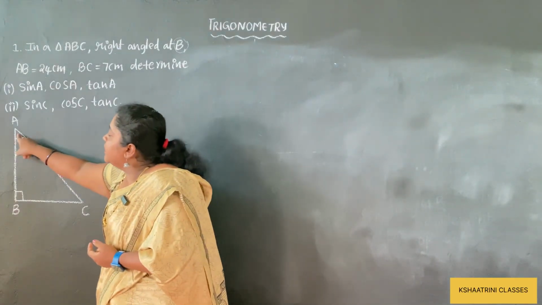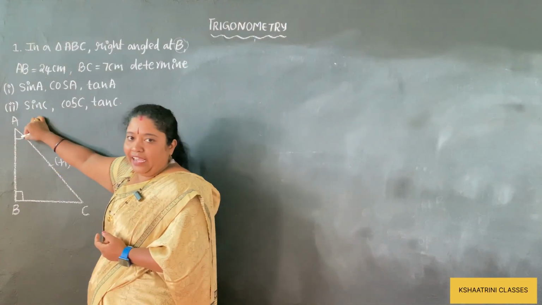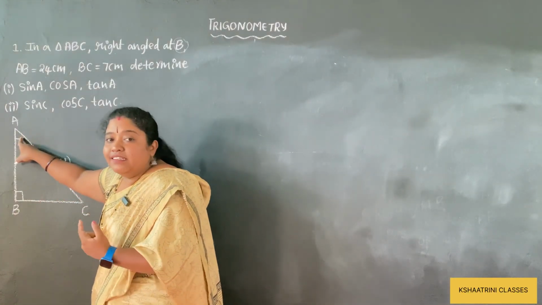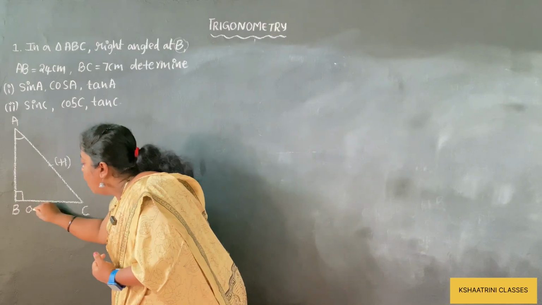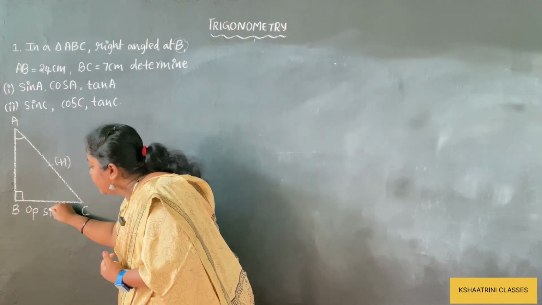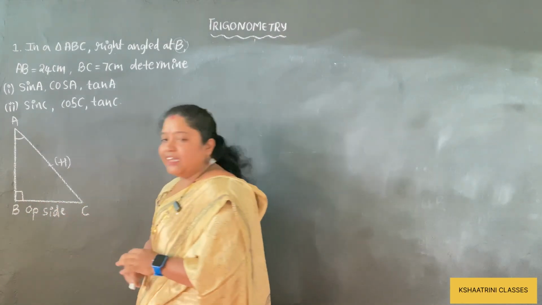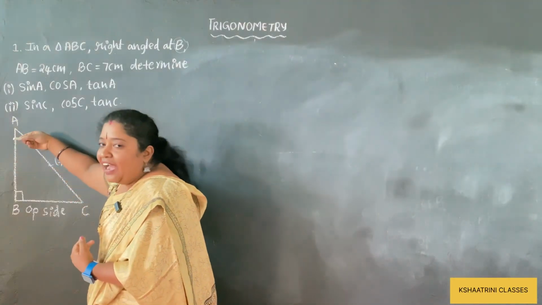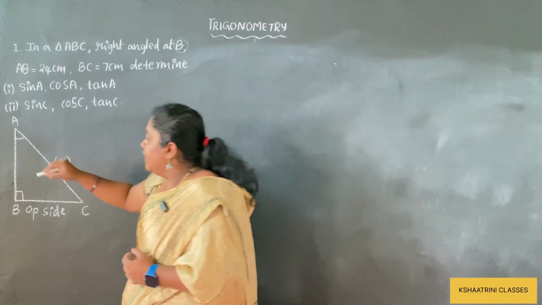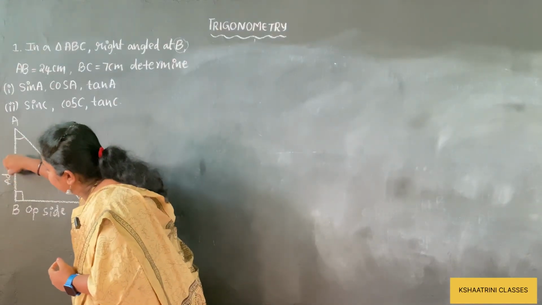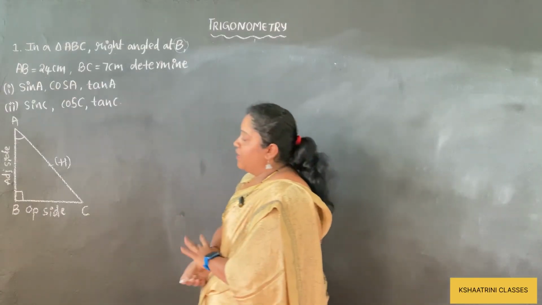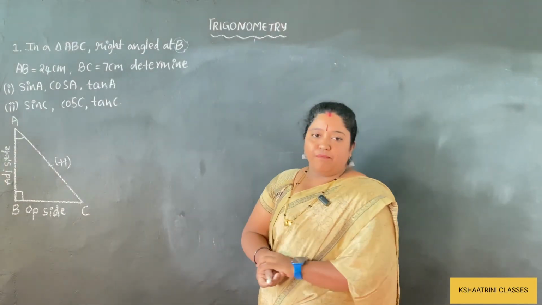And the considered angle is angle A. The side which is opposite to the considered angle is opposite side. Yes or no? It is opposite side. And after that, the side which is beside the considered angle is nothing but adjacent side. Okay, it is adjacent side. Now our diagram is ready with all the sides.